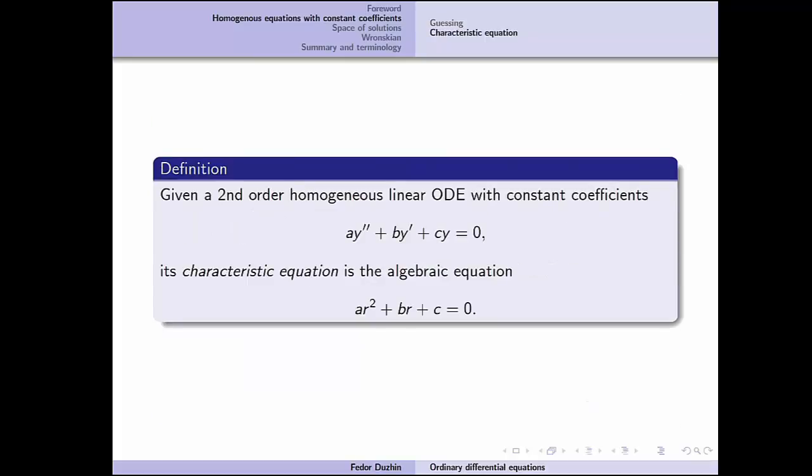Alright, so the general definition. If you have a second order homogeneous linear ordinary differential equation with constant coefficients, then you replace y double prime with r squared, y prime with r, and y with 1, which is r to the 0 in a way.